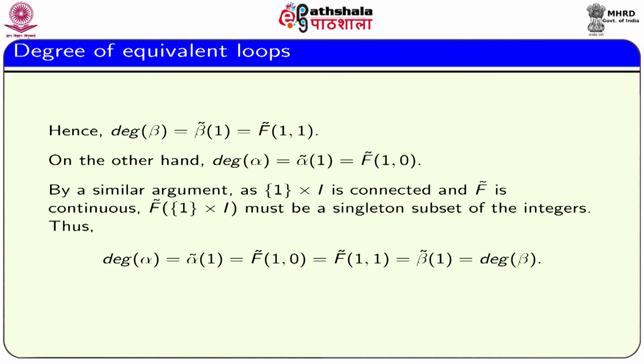Thus, degree alpha, which is alpha tilde 1, has the value F tilde (1,0), which shares the same value with F tilde (1,1), which is equal to beta tilde 1, that is the degree of beta.